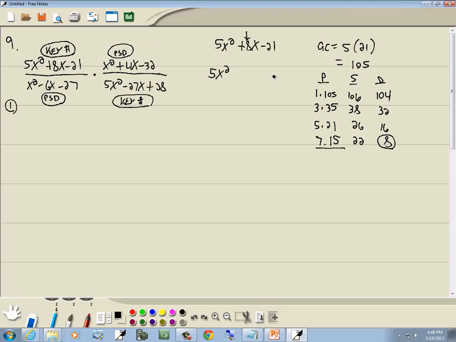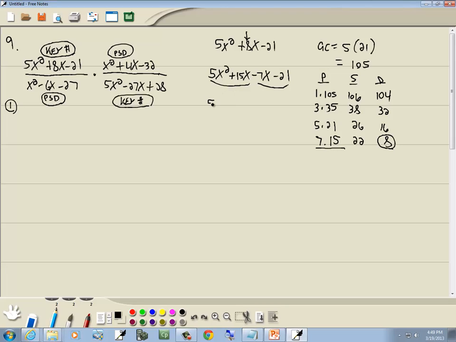Remember, with the key number, we rewrite our middle term using those two numbers. Our larger number, which is 15, is always going to be the same sign as the middle term. So I got plus 15x. The number has circles in a difference column, D for different signs. So if the 15 is positive, then the 7 will be negative. Factor by grouping.